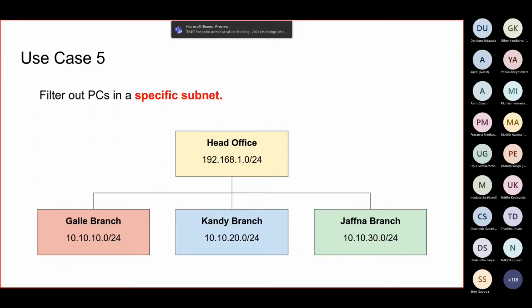Next example could be, you have an employee, maybe an accountant, who's typically working at the head office, but when he comes to the Galle branch, you want to set a policy for him, and when he comes to the Kandy branch, another policy likewise. So how do we identify which subnet the machine is on?